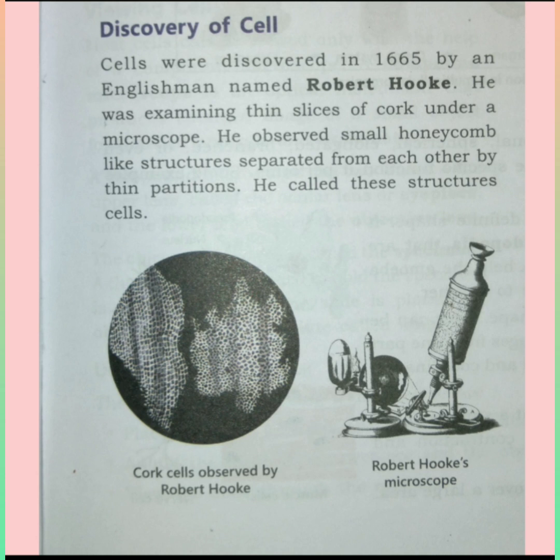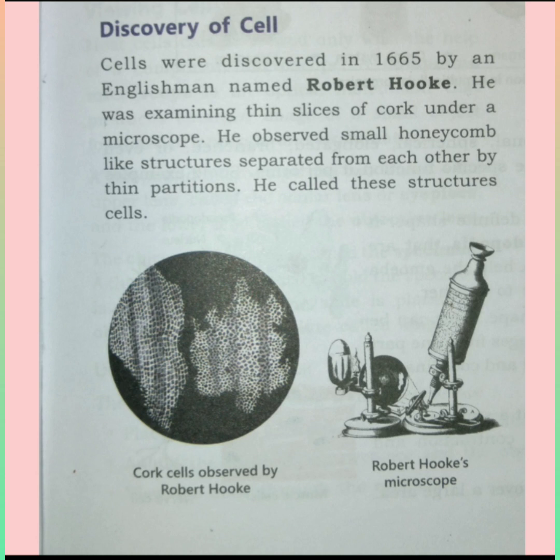One day he observed thin slices of cork under a microscope. Cork means the bark of a tree, a thin slice of the bark of a tree. Then what did he observe there?